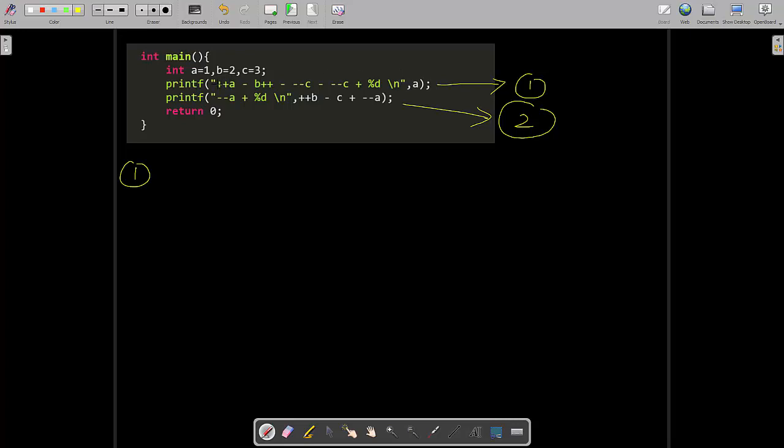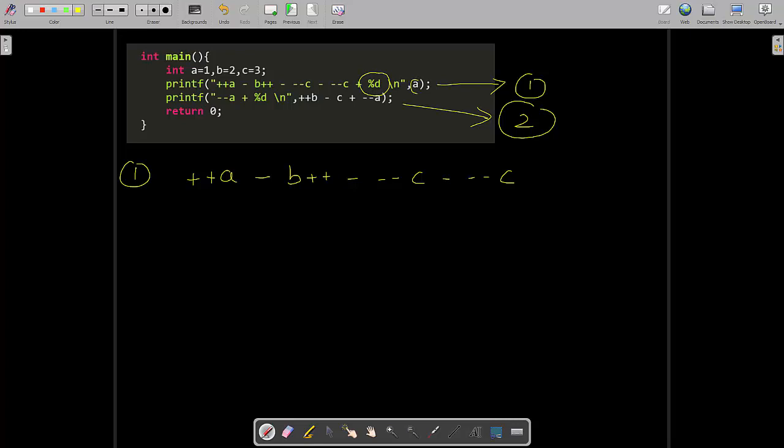Now whatever is inside the double quotes is simply going to be printed as it is, and it is not an expression. So if I just run this, it will output something like this: plus plus a minus b plus plus minus minus minus c minus minus minus c, and now at this place the percentage d will be replaced by the variable.